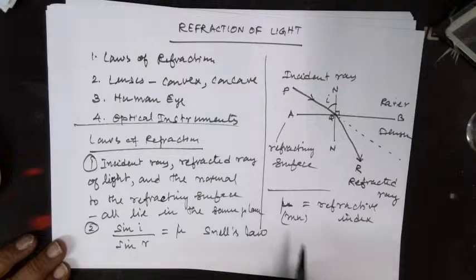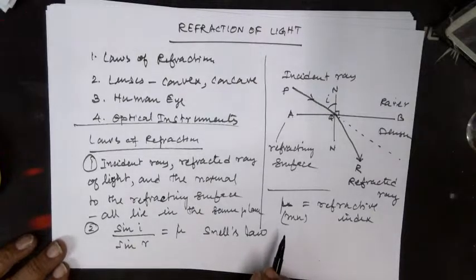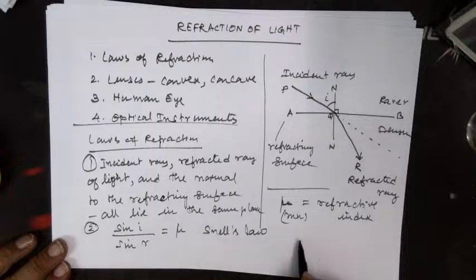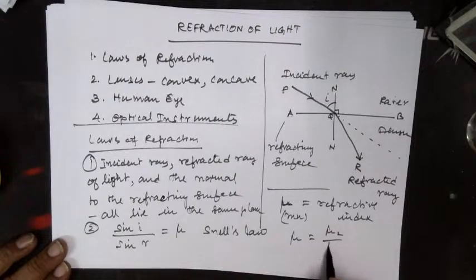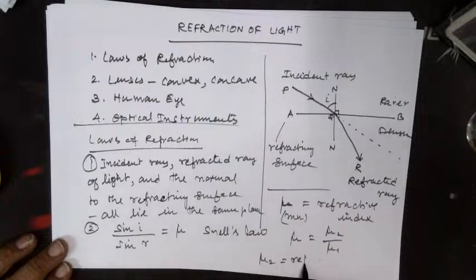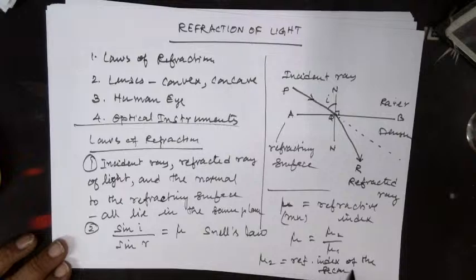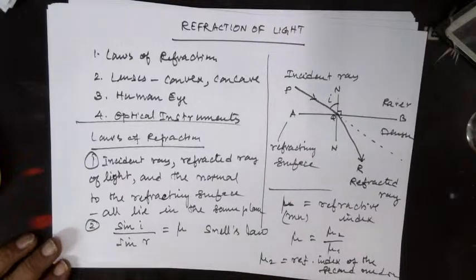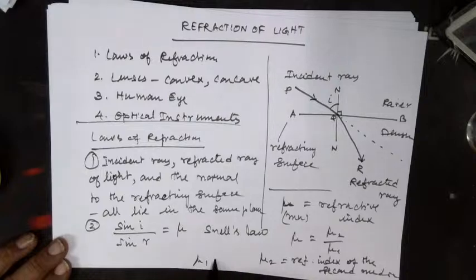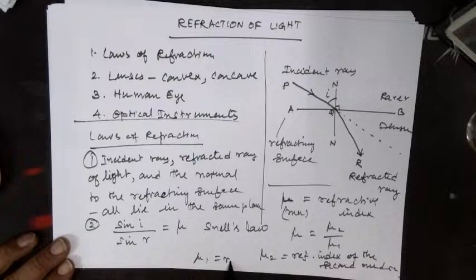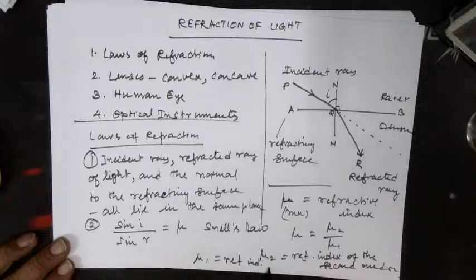The refractive index. Actually, this refractive index is also represented in terms of the ratio mu2 by mu1, where mu2 is the refractive index of the second medium, and mu1 is the refractive index of the first medium.